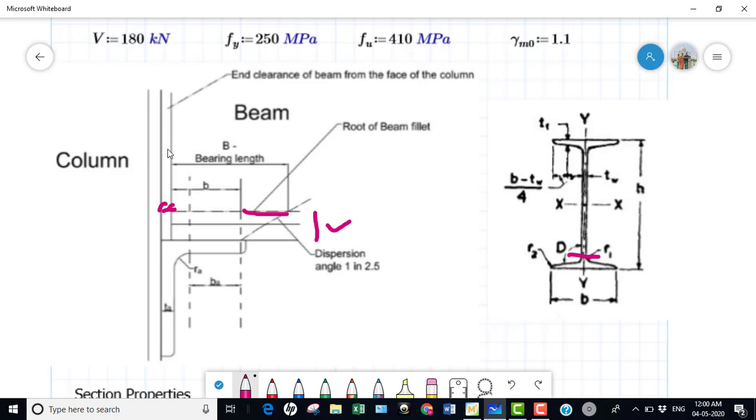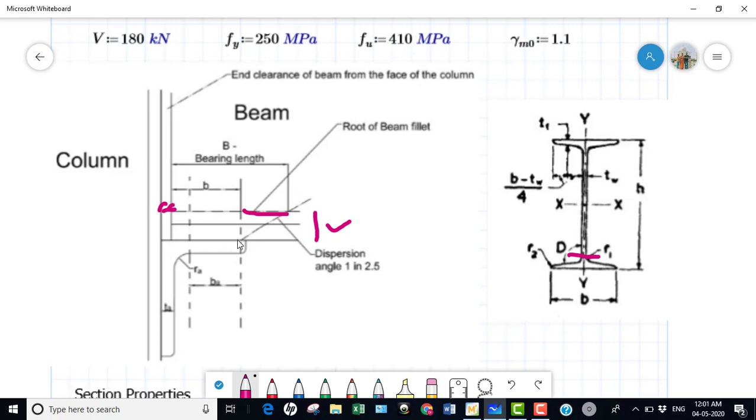So some clearance is kept between the face of the column and the web. If you add this clearance to B, you know the length of the outstand of the seat angle required to transfer the shear safely from the beam to the column through the seat angle. So if I know B, I can dimension the outstand of the seat angle.